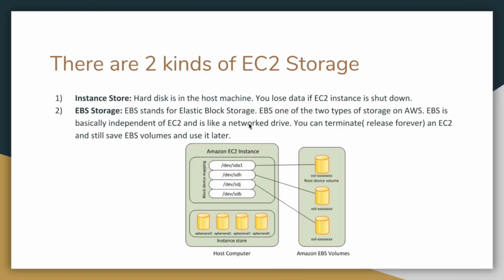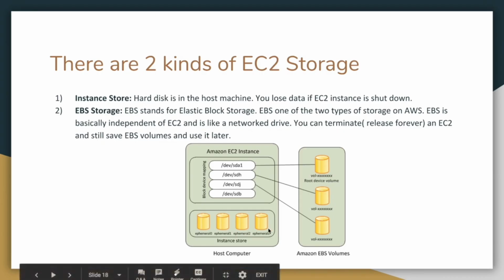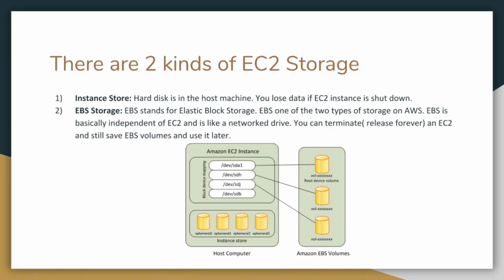Fact number 5, there are 2 kinds of EC2 storage: instance store and EBS storage. Your EC2 instances are virtual machines living in a physical box, right? So instance store volumes are storage that are attached in the physical machine where your EC2 instance lives. So you have limited amount of quantity available, you have limited size available, and these are the older types of volumes.